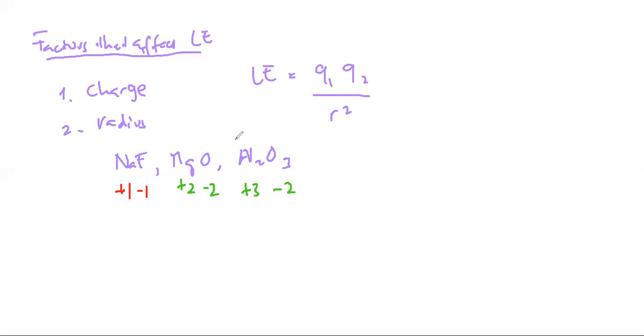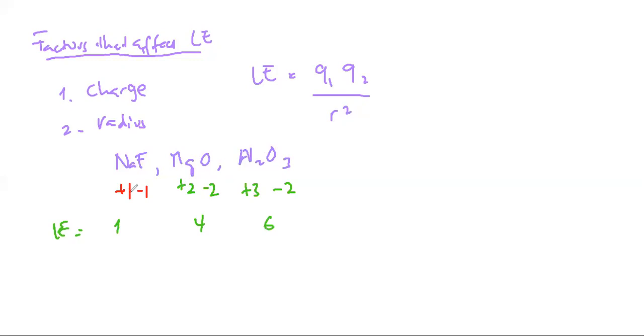If we find the value of LE, we just plug in these values. Lattice energy for NaF will be 1. For MgO it is 4, because 2 times 2. And for Al2O3 it is 6.